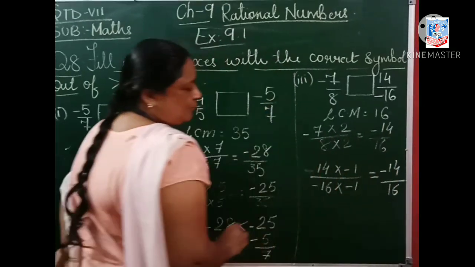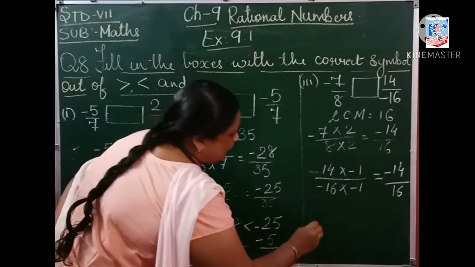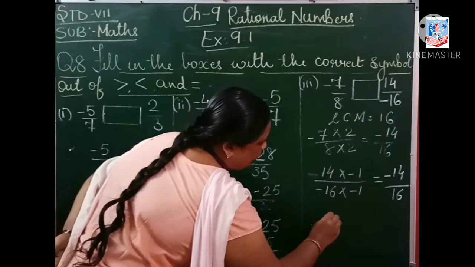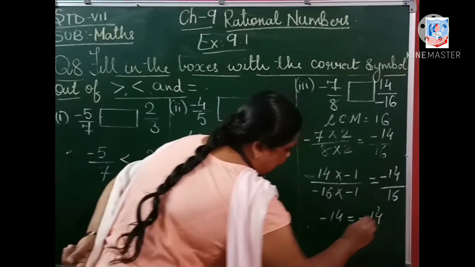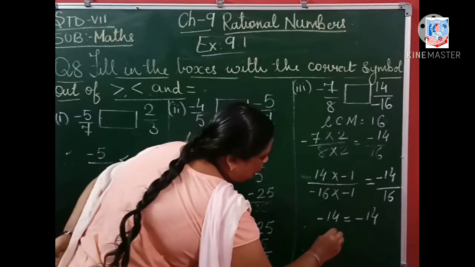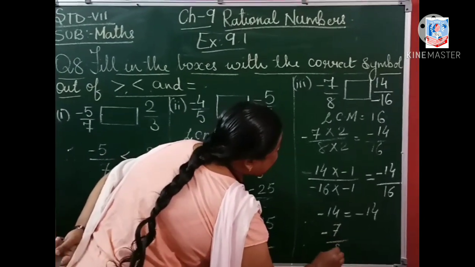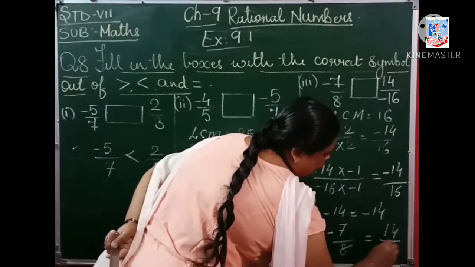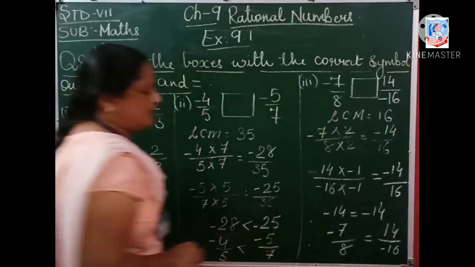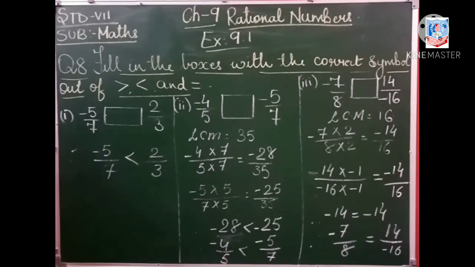Now see, both are equal. Therefore, minus 14 is equal to minus 14. Therefore, minus 7 by 8 is equal to 14 by minus 16. Understood?